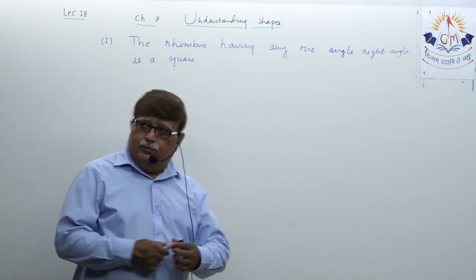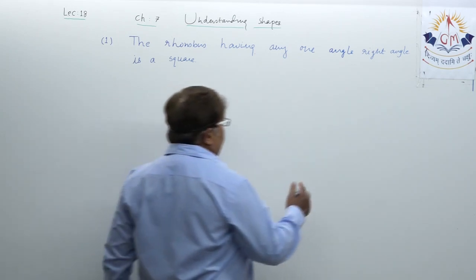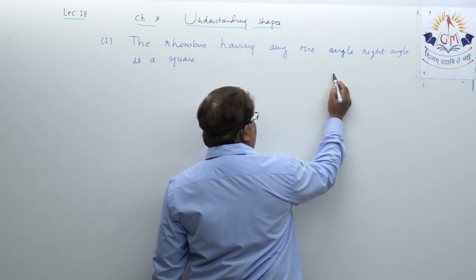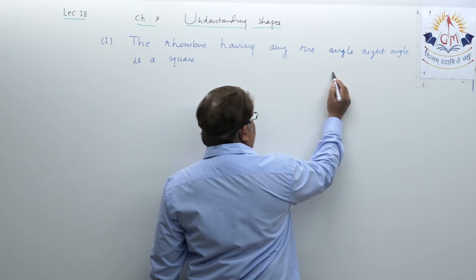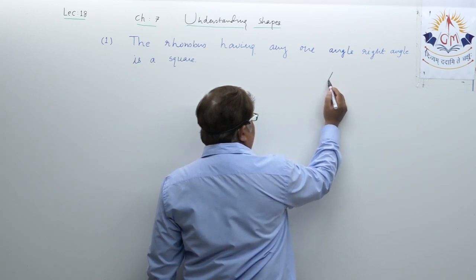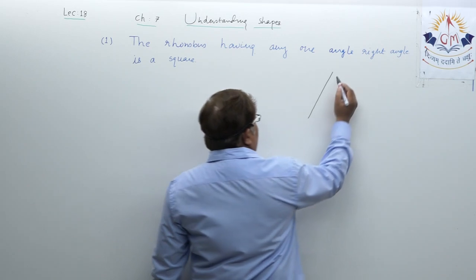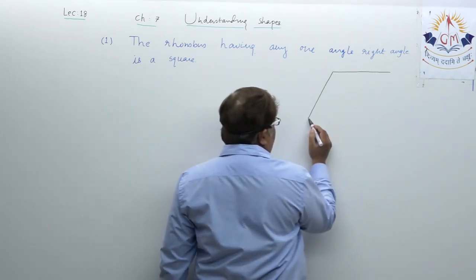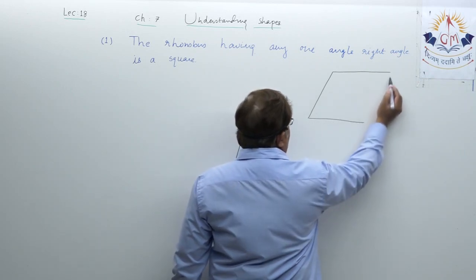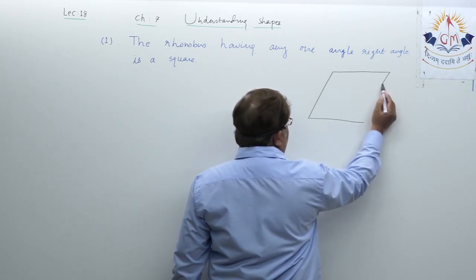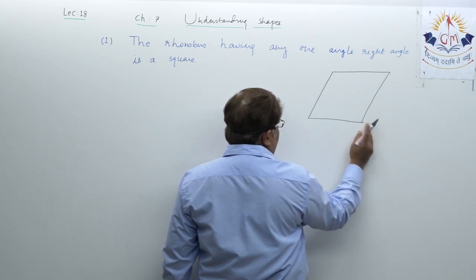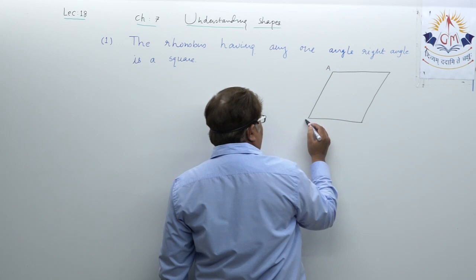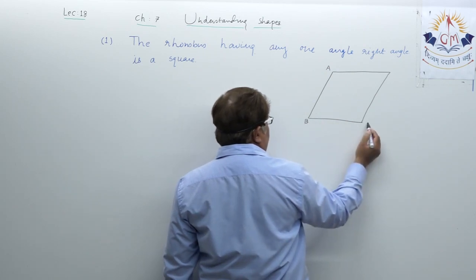Suppose, let us try to write data and to prove, let us draw a rhombus. As you know, when the names are not mentioned, you can take any name yourself. Suppose this is rhombus ABCD.